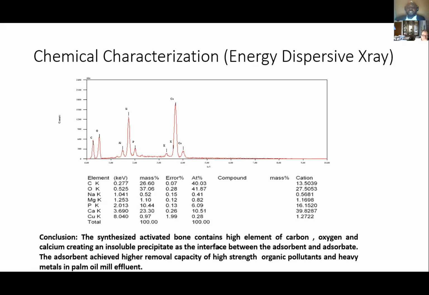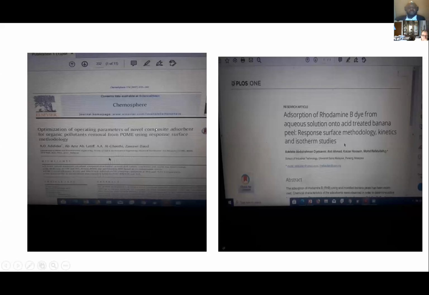The COD was effectively reduced, along with some heavy metals present in the palm oil mill effluent. These are some of the results that were obtained and published to that effect: optimization of operating parameters of a novel composite.